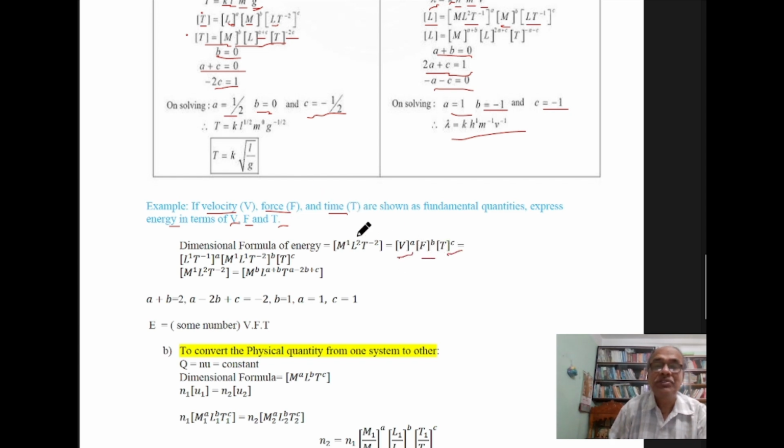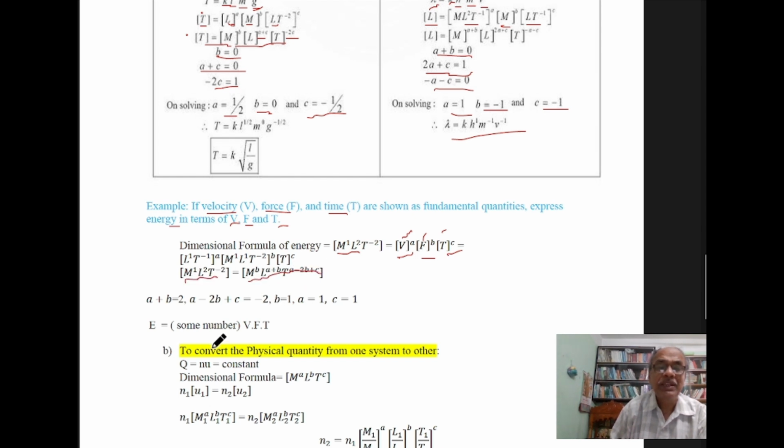Okay, so energy will be expressed this way, and we know that the dimension of energy equals M L squared T to the power minus 2. Now you put the values of v, F and t. After putting this, we get this.